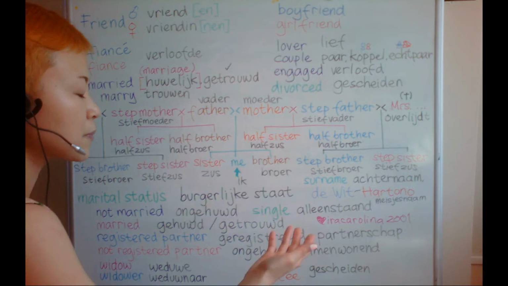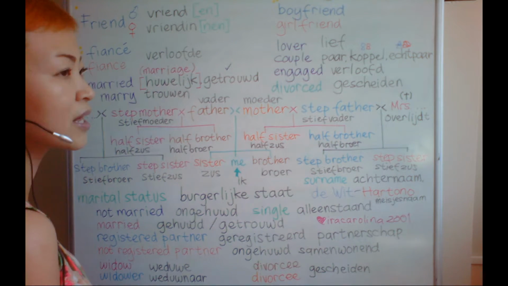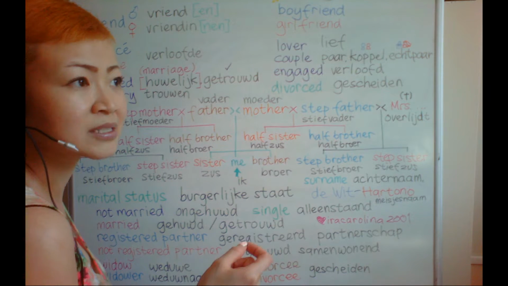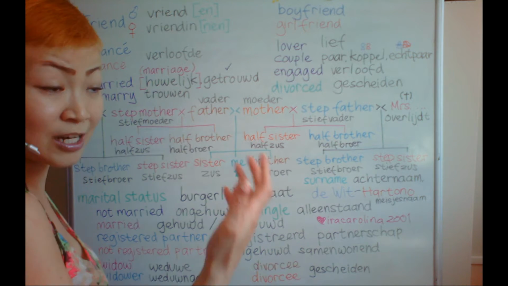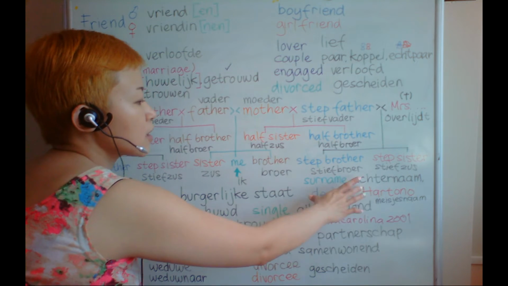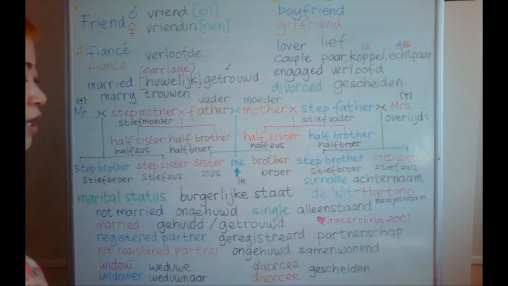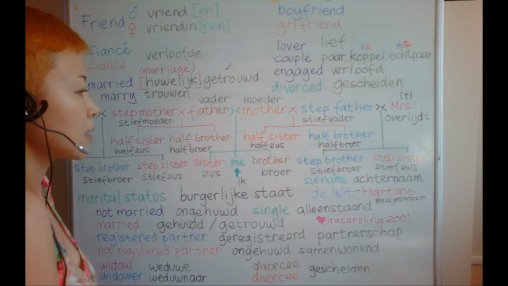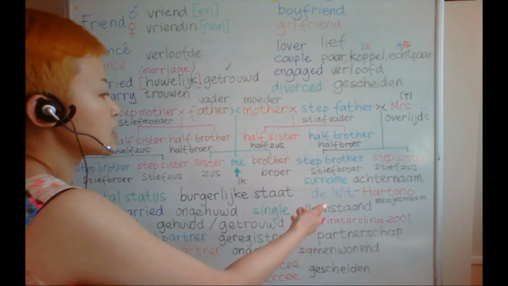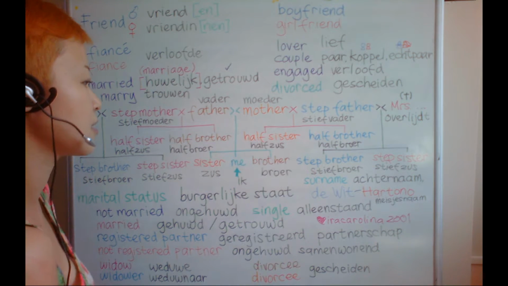Sometimes people put this in front, but this name is not for legal use. If you have to sign something in law, you don't put both surnames, you still use your first surname. Okay, and this is for casual or daily life.